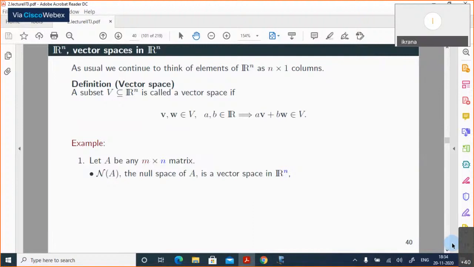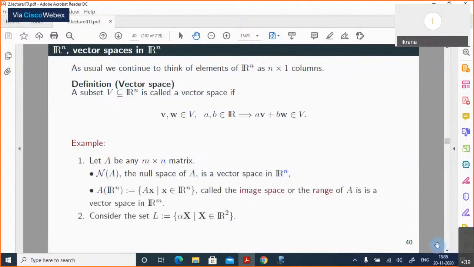For any matrix, the null space has the property that if x1, x2 are elements in the null space, that means A x1 is equal to 0 and A x2 is 0, then alpha x1 plus beta x2 also has the property that A of that is 0. That means it is a vector space. The null space is a vector space. Okay. Let us look at another one which is slightly different. Look at Rn.